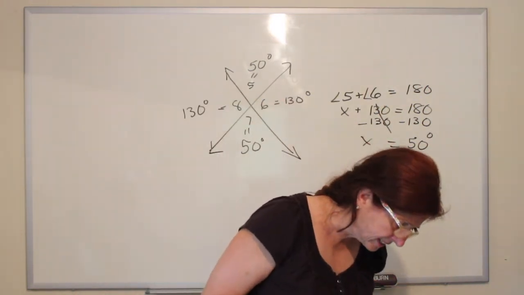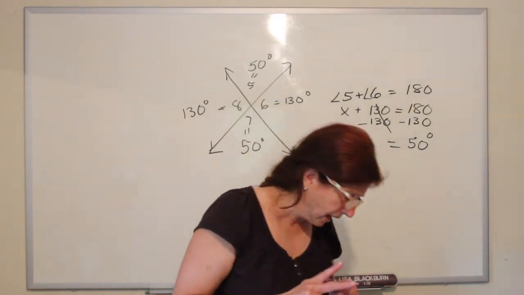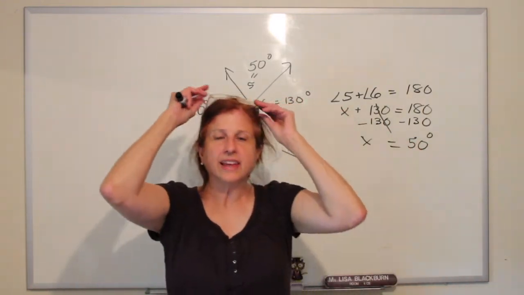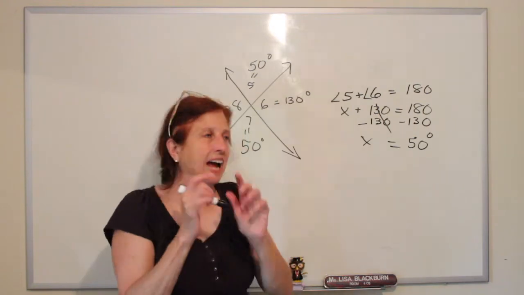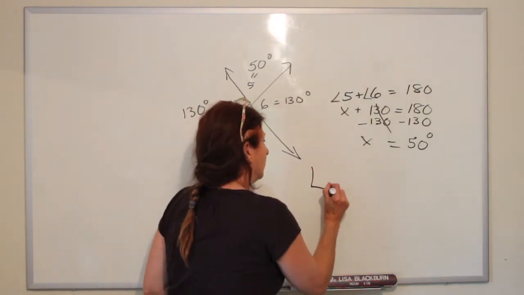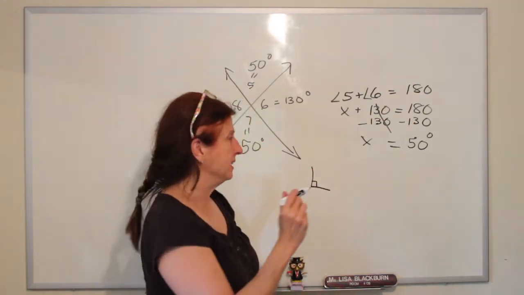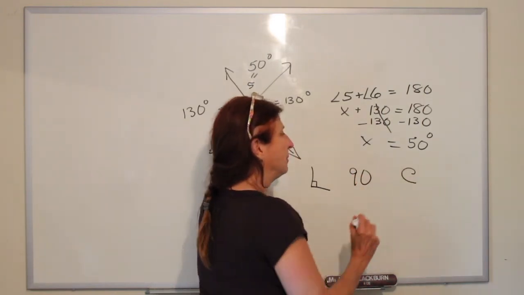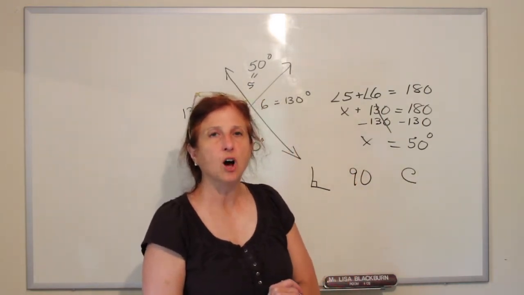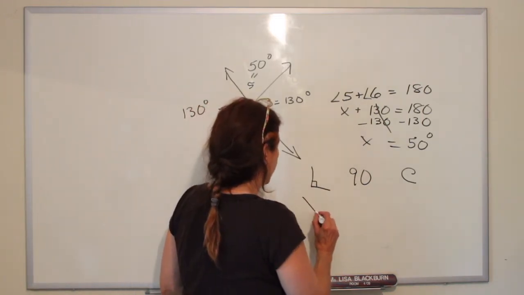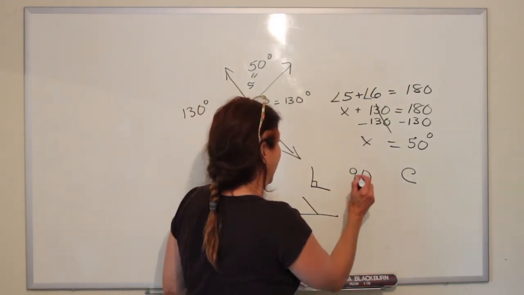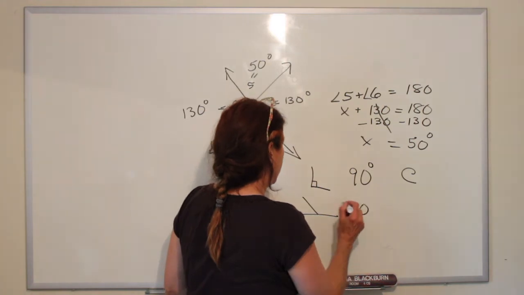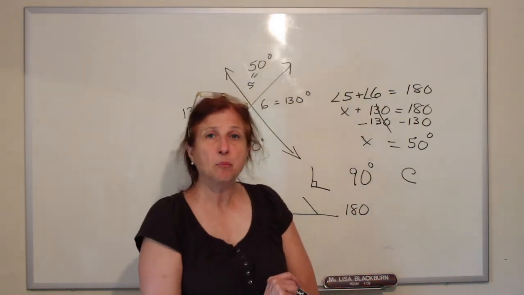Okay, look on page 46. If you have 2 angles that add up to be 90 degrees, they're said to be complementary. If you have 2 angles that add up to be 180 degrees, they're said to be supplementary.